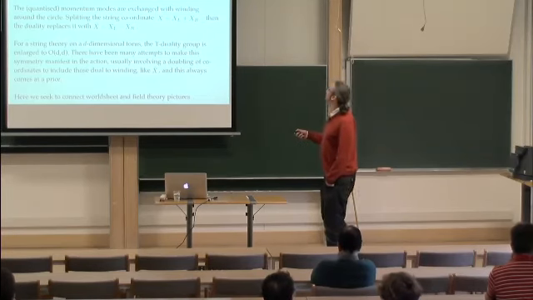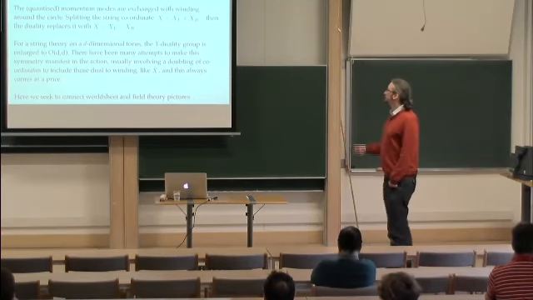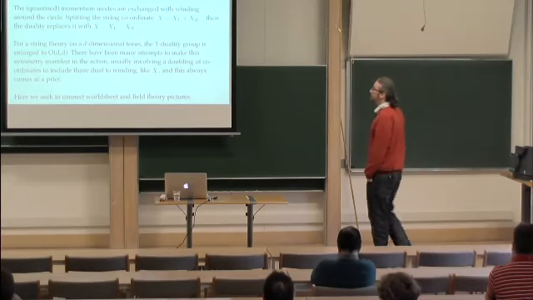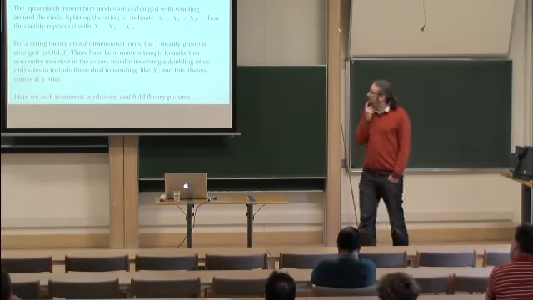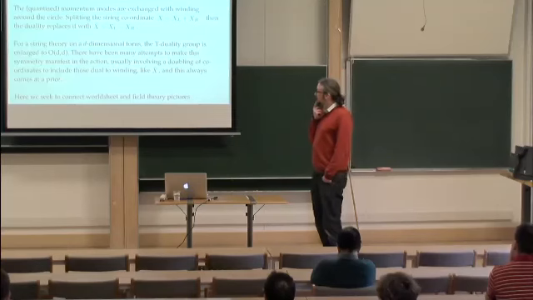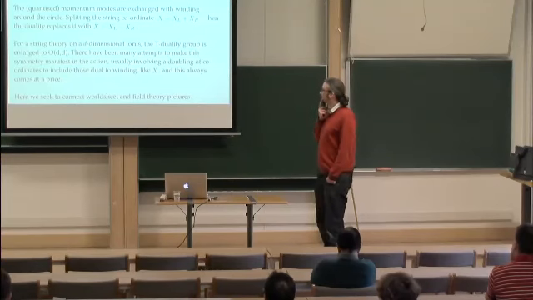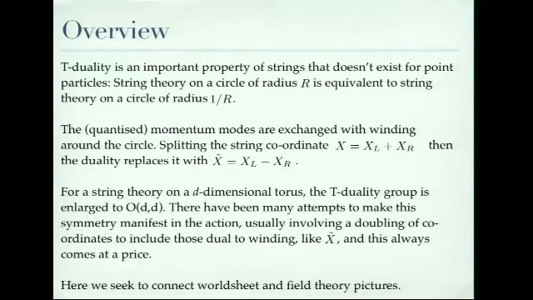But if we have a d-dimensional torus, then the T-duality group is enlarged to O(d,d). So there have been many attempts over the years to make this O(d,d) symmetry into a manifest symmetry of the action. And this usually involves doubling the coordinates so that these additional dual coordinates of this form are used in addition to the ordinary coordinates.